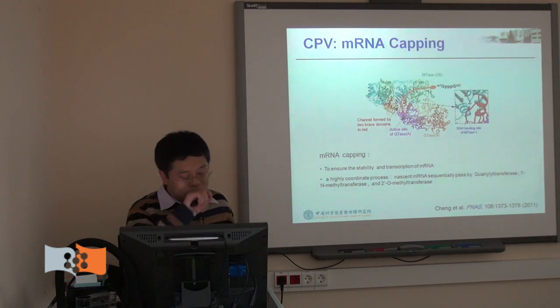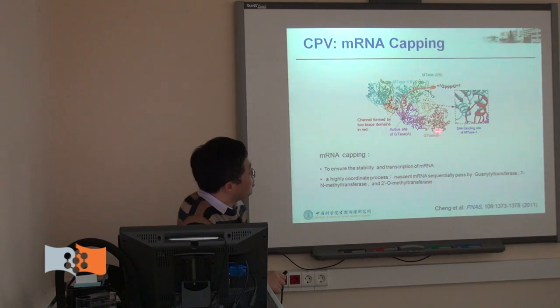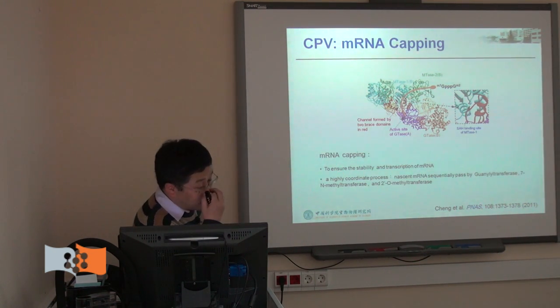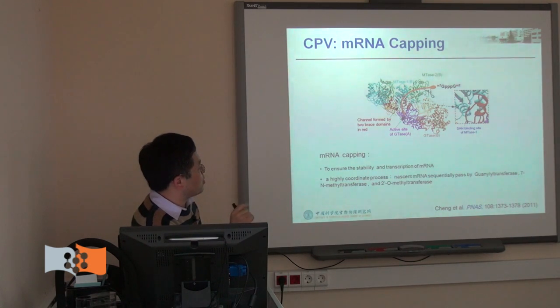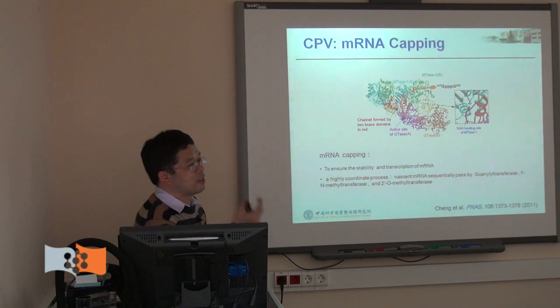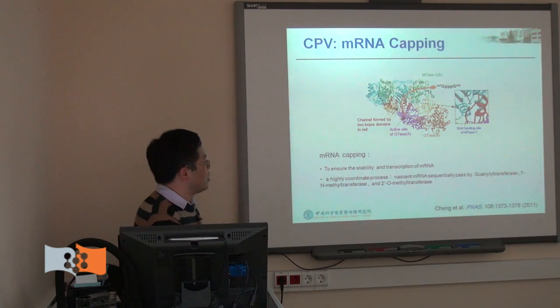The reason we think it gets out from the small channels is that for the RNA virus, before the RNA gets out, it must be capped. This is an important process. After that, several enzymes capture the mRNA to make the RNA stable, and then it can make new virus.